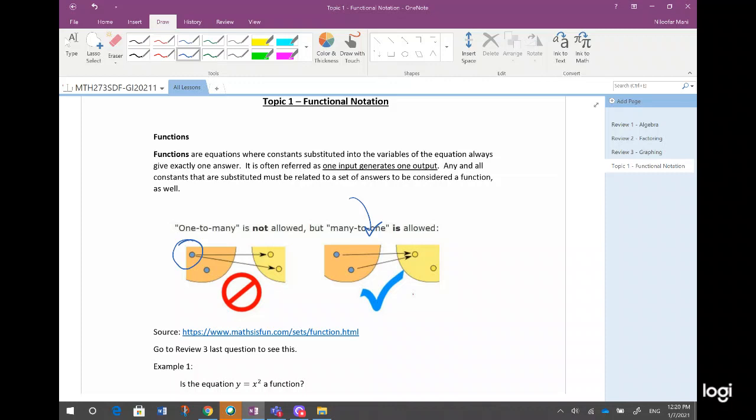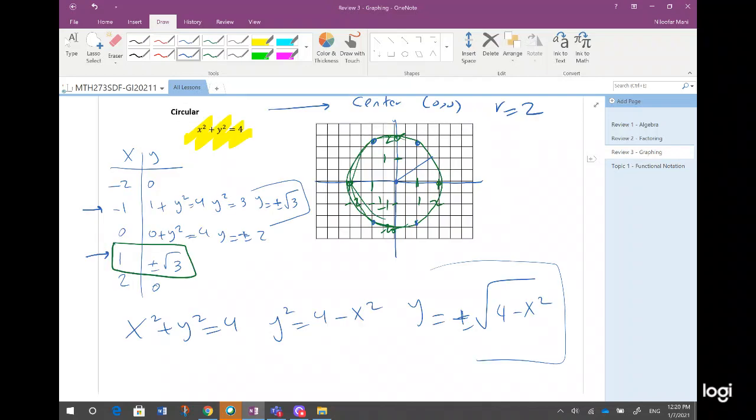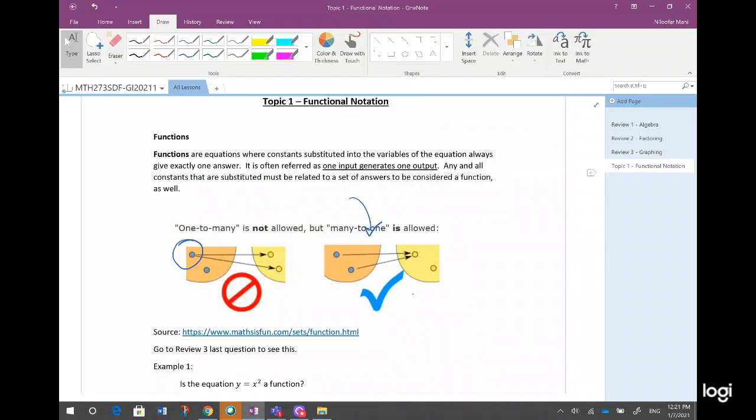So if I have one x going to two y's, like here, this is not a function. This is just a relationship, an equation between x and y. The relationship says x squared plus y squared is 4, but it is not a function.